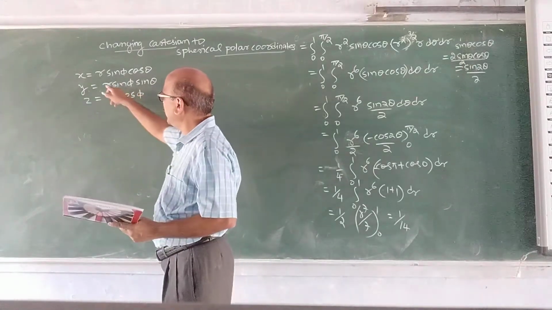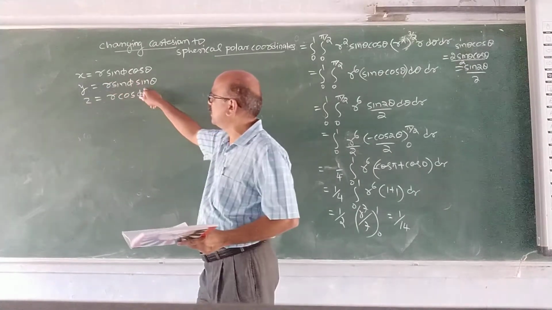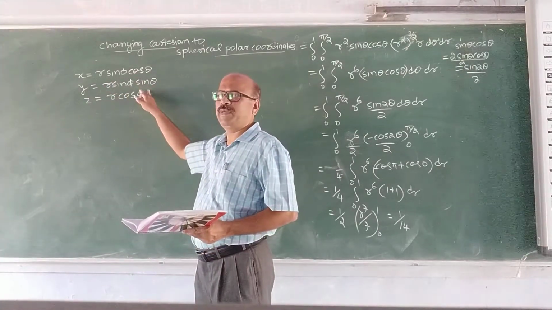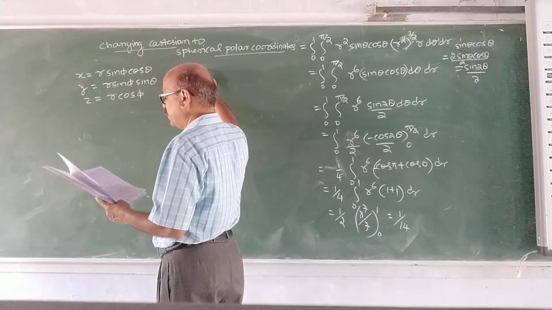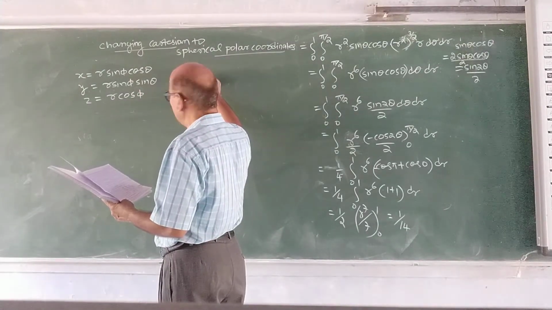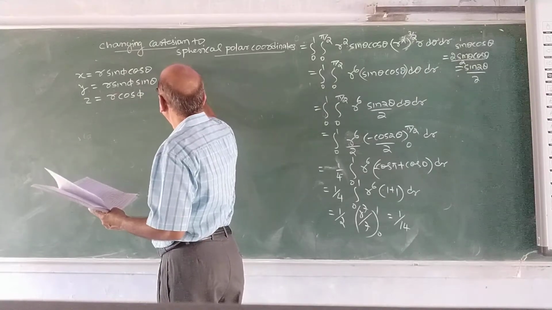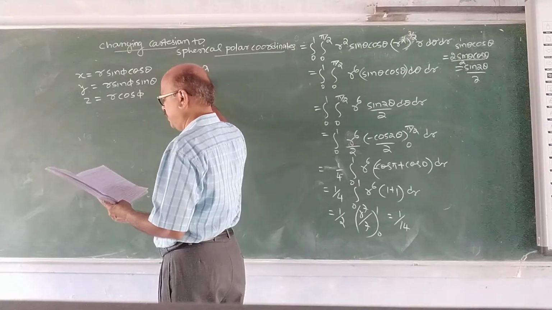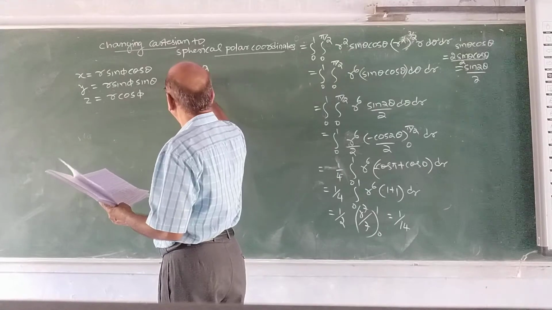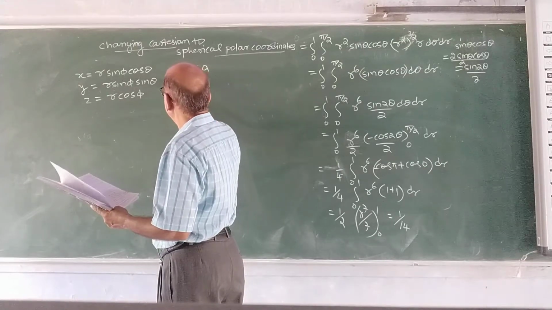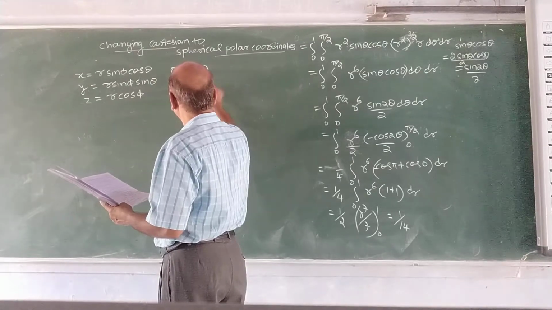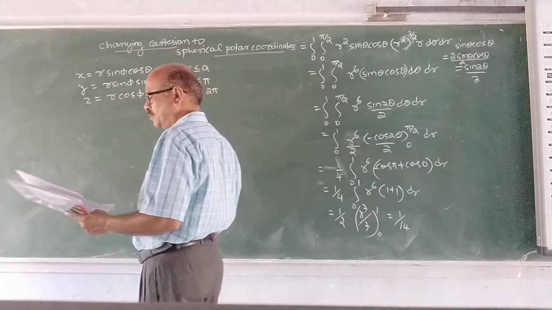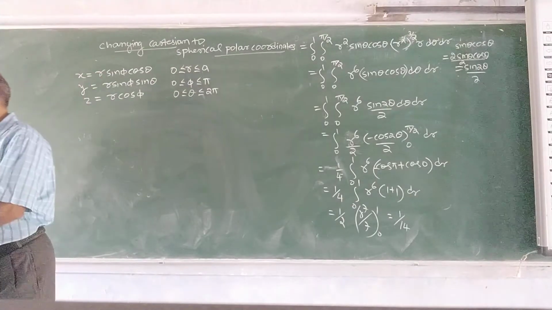If x, y, z are changed from Cartesian to spherical polar coordinates, the corresponding region changes to: r limit is 0 to a, and for phi 0 to pi, and for theta 0 to 2 pi.